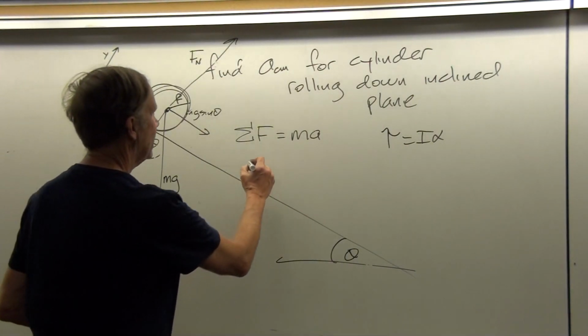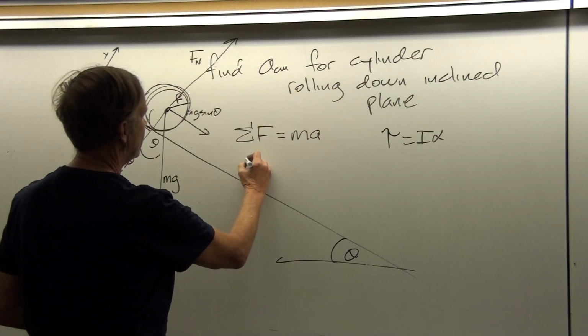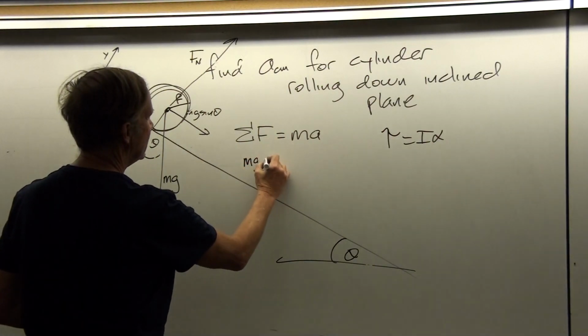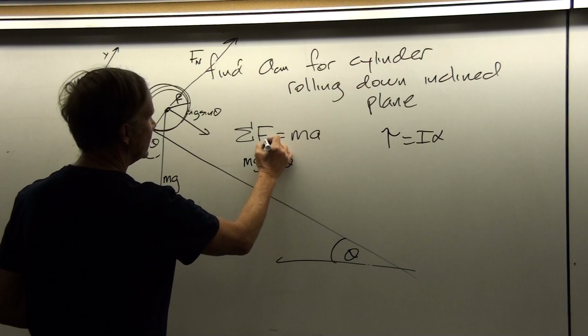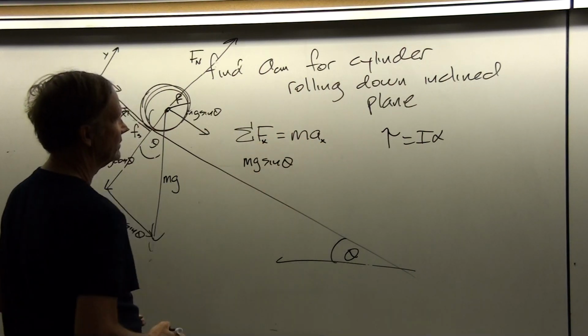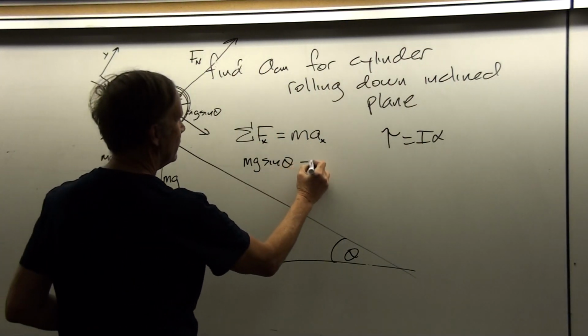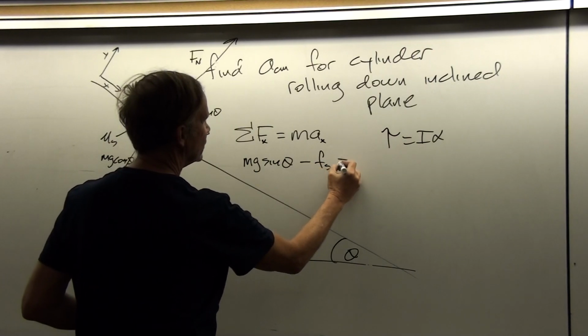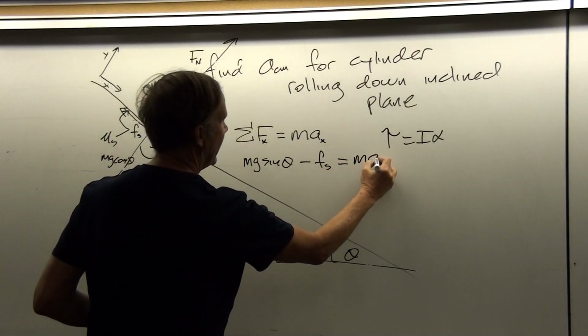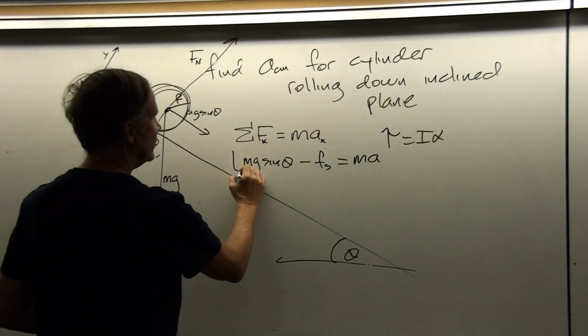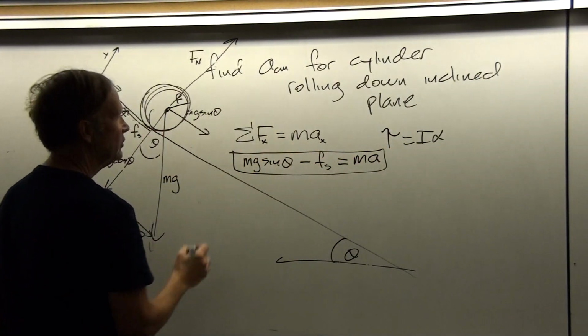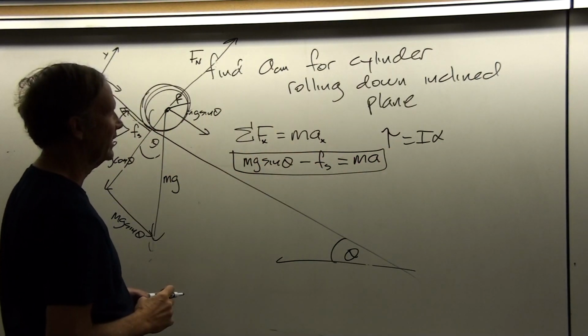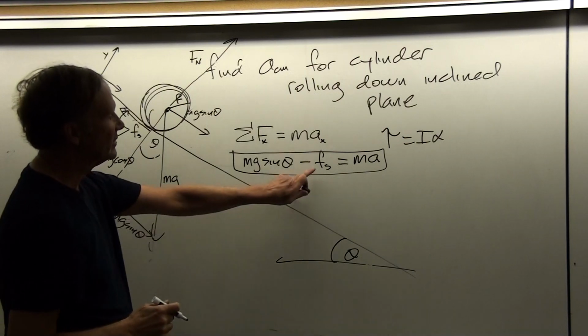And so therefore, F static is an unknown in our equations, and it's not equal to the maximum force of static friction. So what we can do here for F equals ma is write mg sine theta minus the force of static friction is equal to ma for the sum of the x forces. And so that's our first equation. Mg sine theta minus our force of static friction equals ma. But this is unknown.